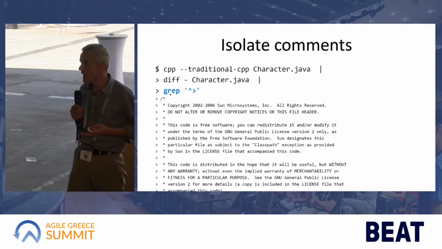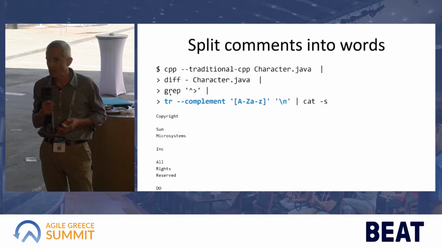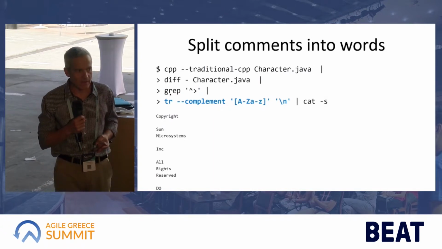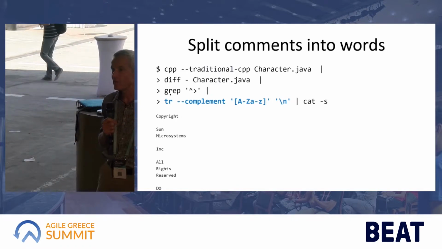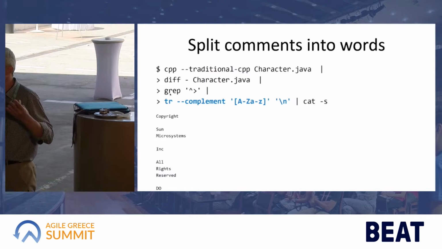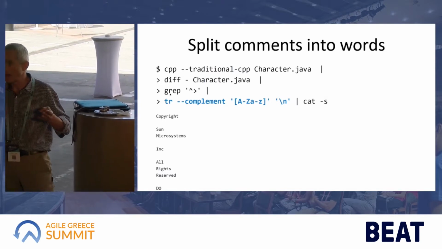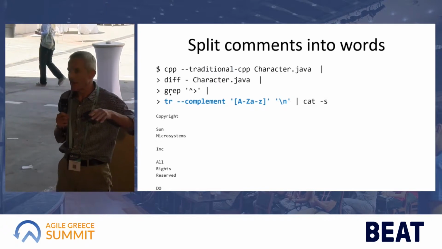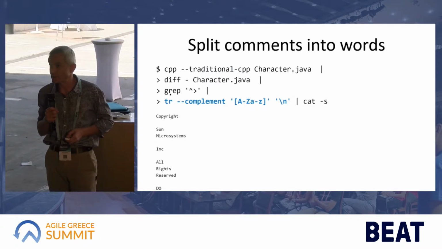Remember, I want to find the spelling errors in the comments. The next step is to use another tool, tr, for transliterate. And here I complement everything that's not an uppercase or lowercase character, so anything but characters, into a new line. The result of this is a word on each line, and everything else gets tossed away.